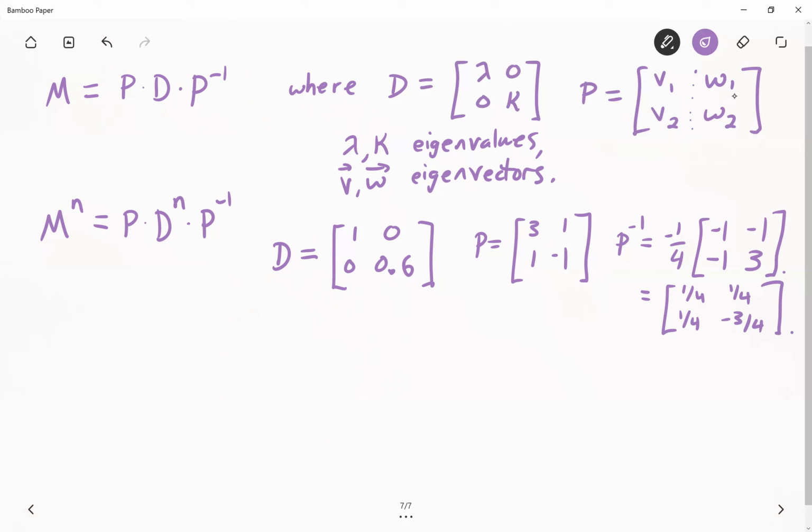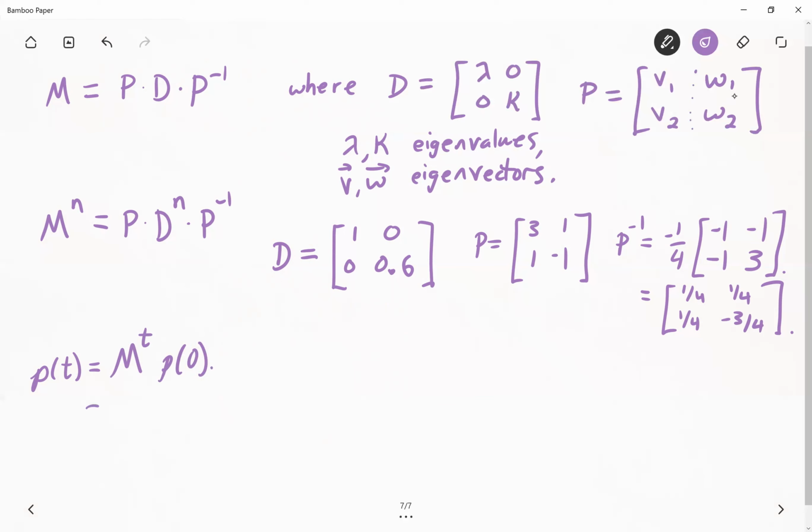And now we can put this into our formula for our population model. Remember, p of t, the population at time t, we think of as M to the power t times the population at time 0.